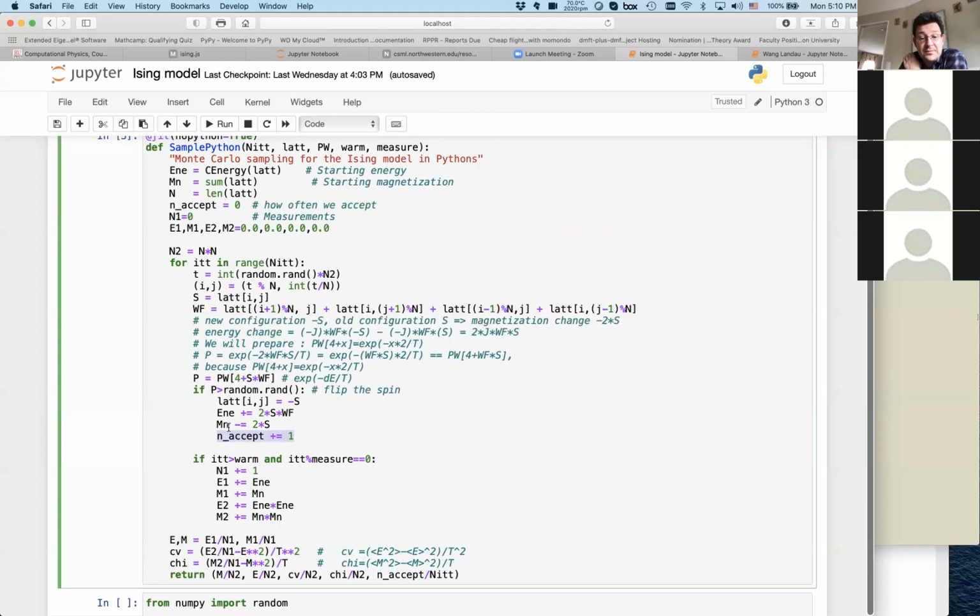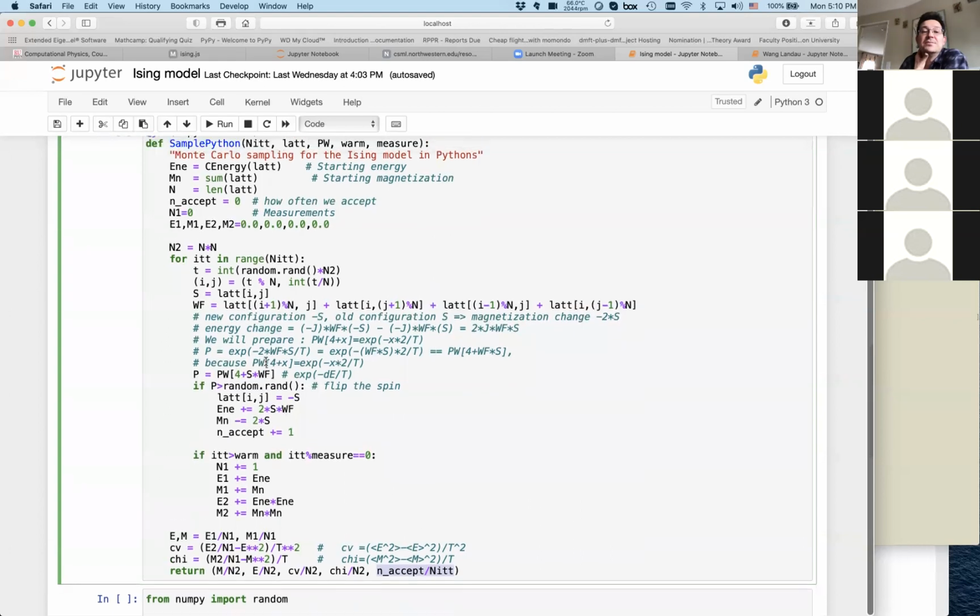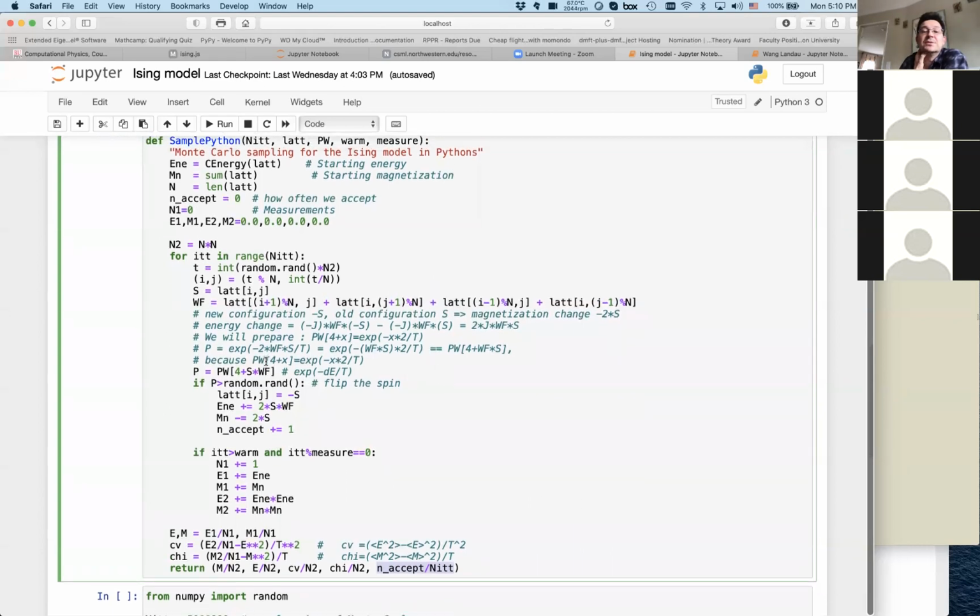So when we return here, we're going to return n accept divided by all iterations that we've done. n accept measures the steps that were actually accepted, and n iterations is the number of all steps that we were trying, and therefore this gives you the acceptance step probability.